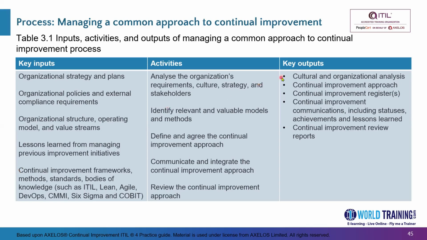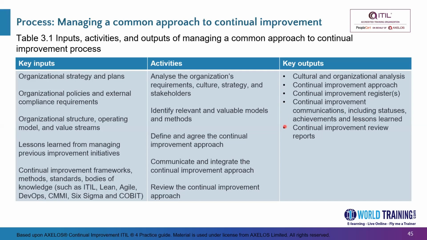In terms of outputs, they would be the following: the cultural and organization analysis based on the strategies, plans, policies, external compliance requirements, etc. And also, then the main thing here is the continual improvement approach and the creation of the continual improvement register, one or more of them. And then the communications about the improvement, including the status, achievements, and lessons learned, and the continual improvement review reports.